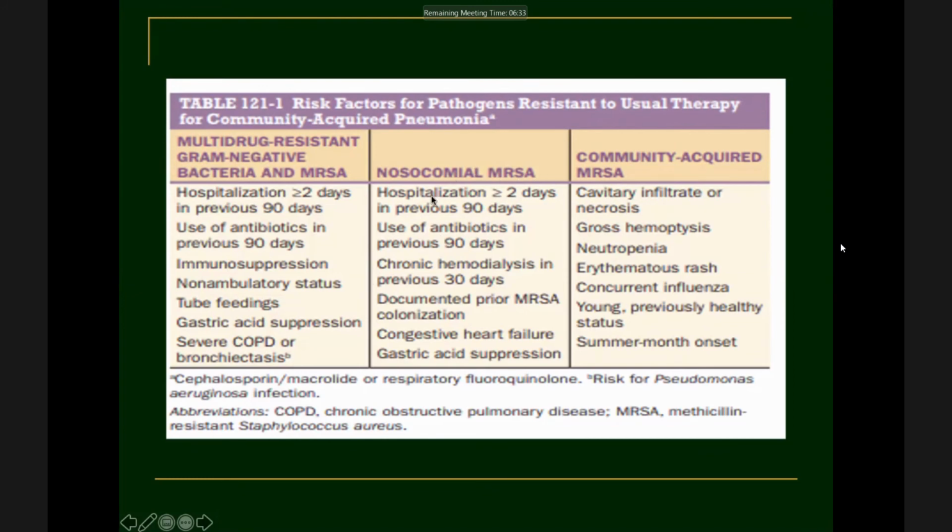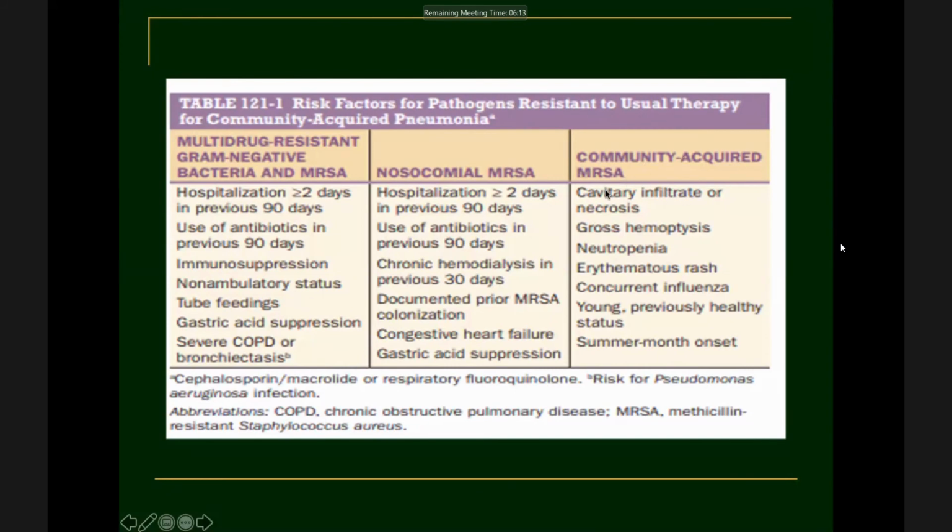For nosocomial MRSA: hospitalization more than 2 days in the previous 90 days, use of antibiotics in the previous 90 days, chronic hemodialysis in the previous 30 days, and documentation of prior MRSA colonization. So all these are the risk factors for methicillin-resistant Staph aureus.